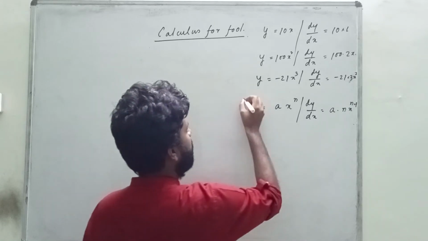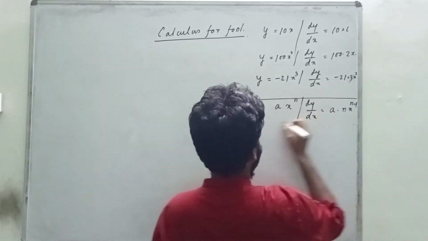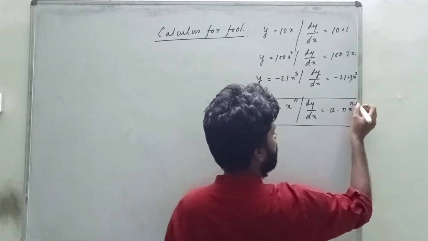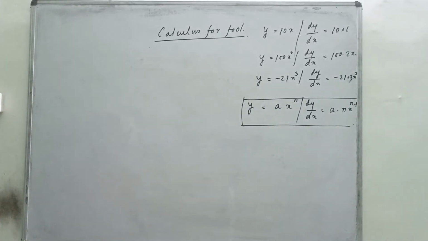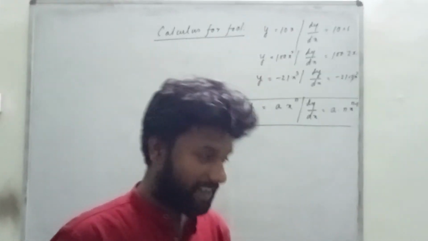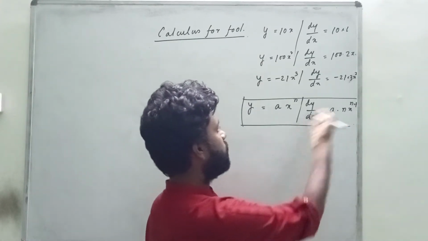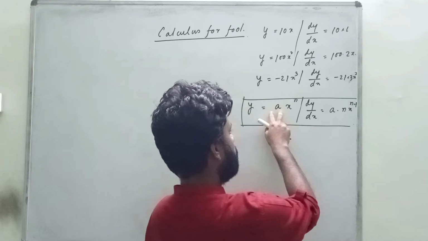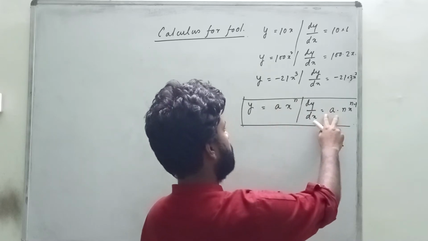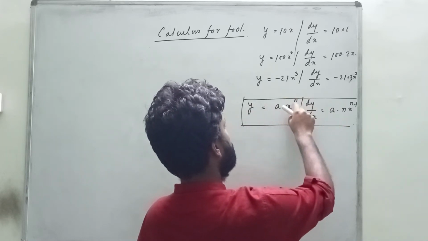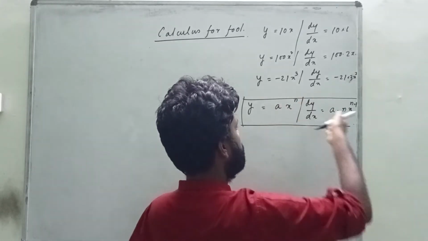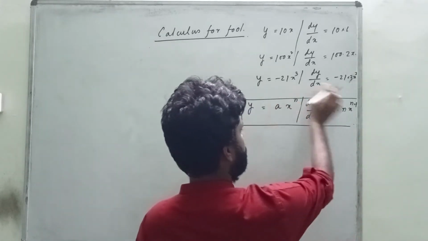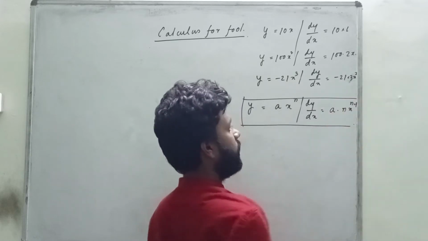So this is actually a second formula, a magical formula. If y equals some constant a times x power n, the a is a constant and remains fixed, and dy over dx goes to n x power n minus 1.